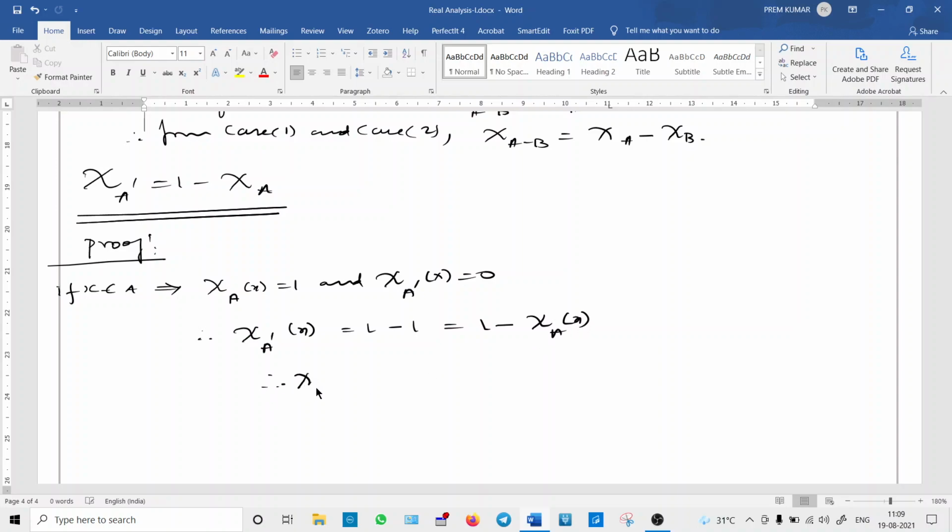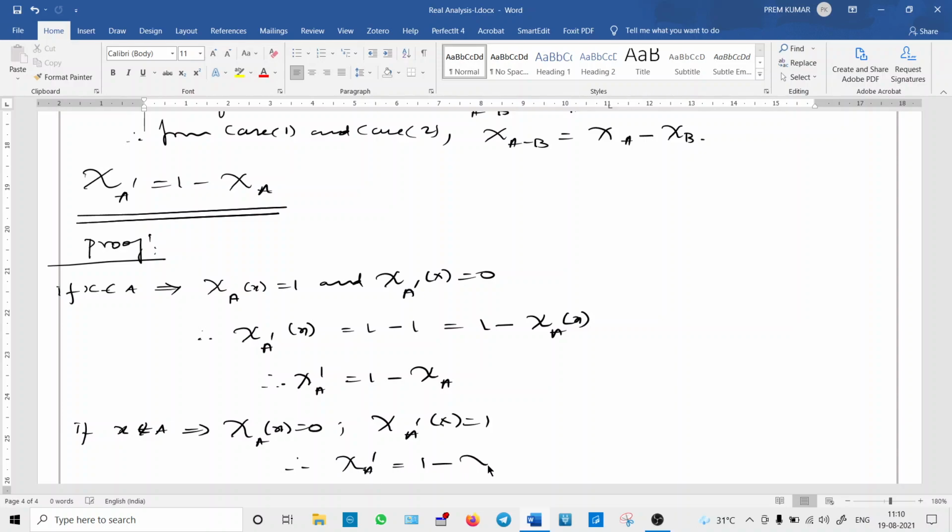Therefore chi A dash equals 1 minus chi A if x belongs to A. Same thing, if x does not belong to A, what happens? Same thing will reverse. Chi A of x equals 0 and chi A dash of x will be 1. Therefore I can write like this: chi A dash equals 1 minus chi A, and hence the proof.